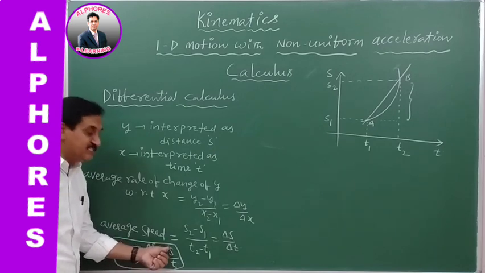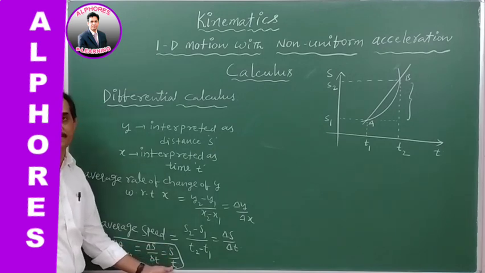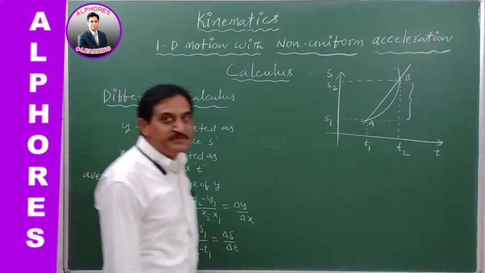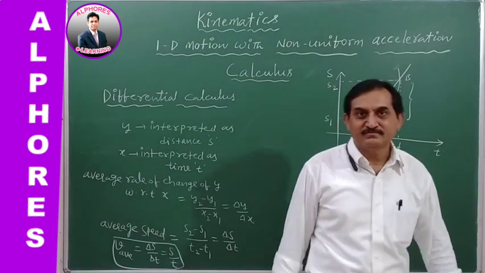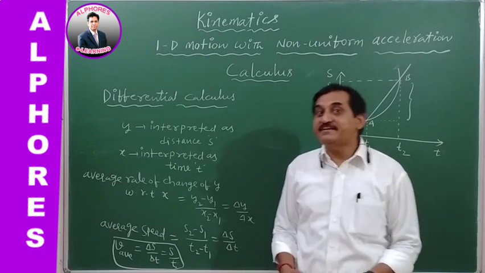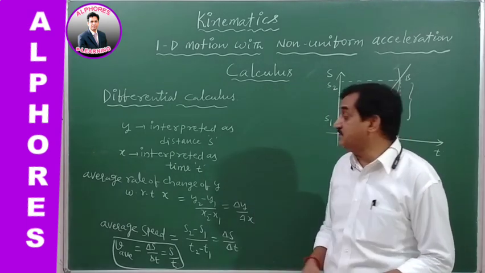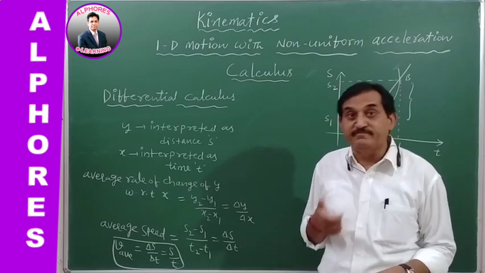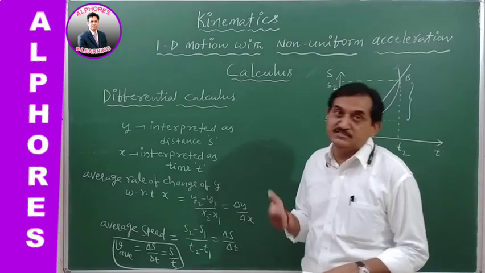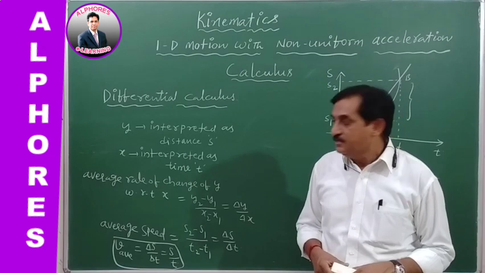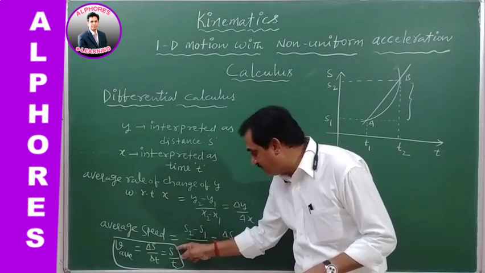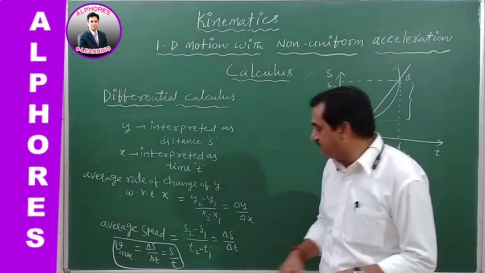So total distance travelled by total time taken is known as average speed. This is the use and application in physics of how we can find average speed. Average speed equals total distance by total time taken, that is delta S by delta T.